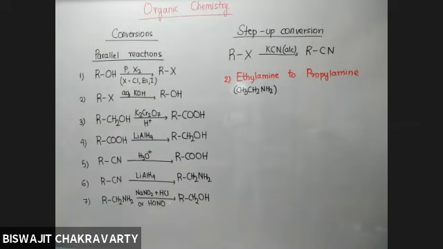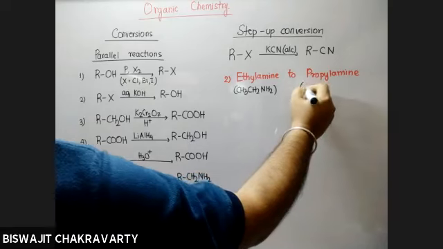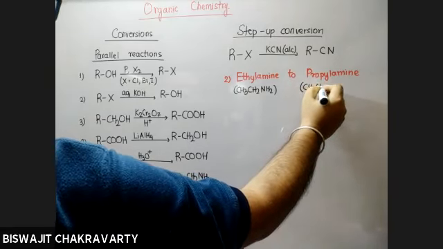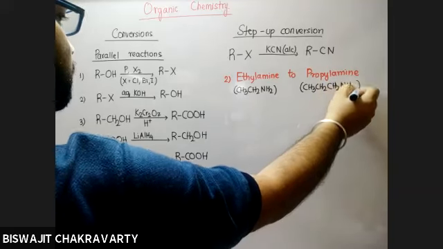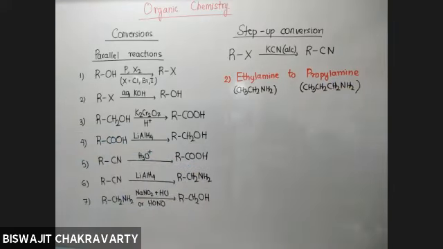CH3CH2CH2NH2. Propyl stands for 3 carbons. So this is also step up. Now can you tell me what should I do with ethylamine so that we can do the step up conversion?